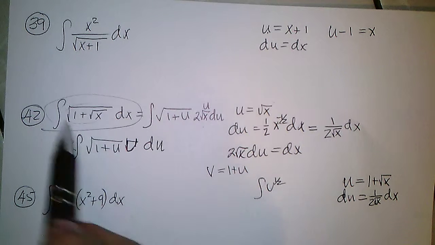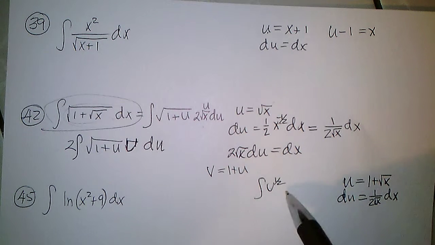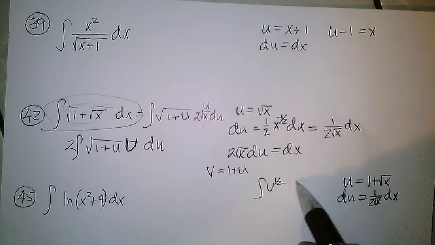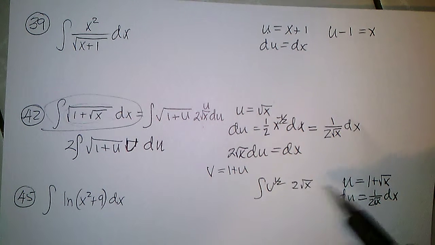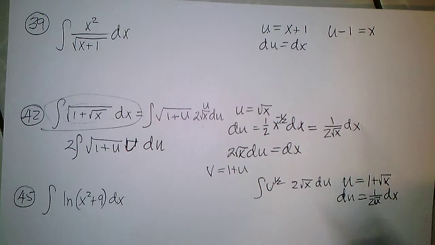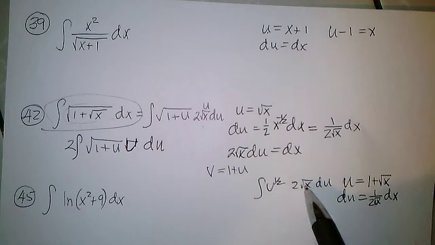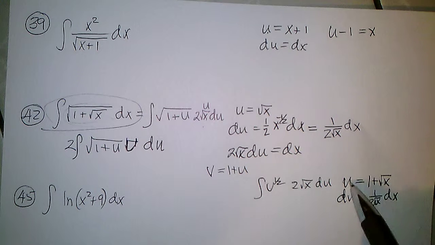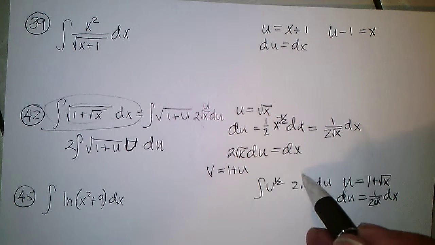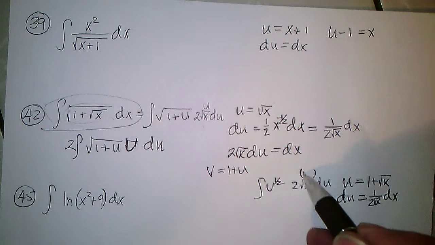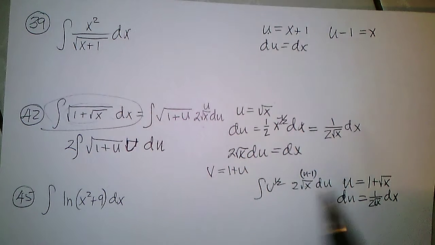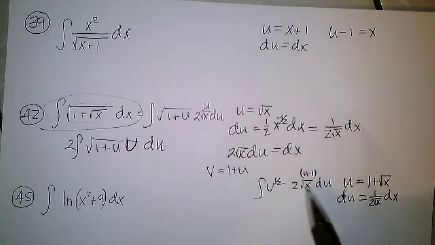That would be all of this. And then times 2 square root of x du. And the square root of x would be u minus 1. So then if you put that in for the square root of x, and multiply it out, I think you can integrate that.